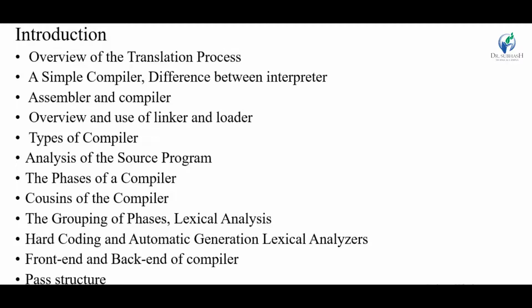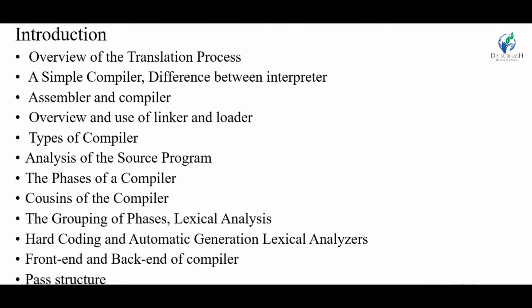Then what is the main difference between compiler and interpreter? A compiler takes the entire program as an input, while an interpreter takes a single instruction as an input. An assembler converts assembly language code to target code.